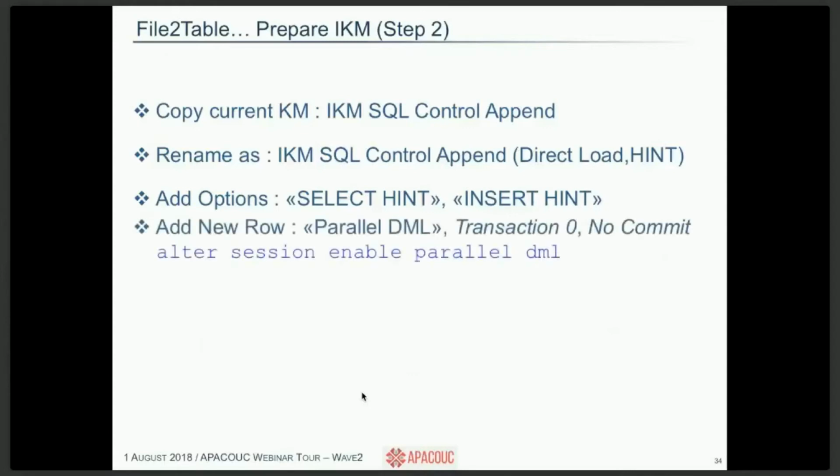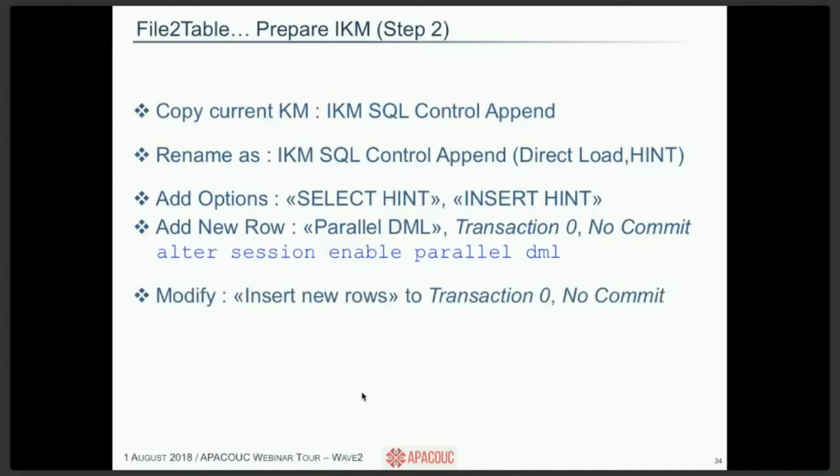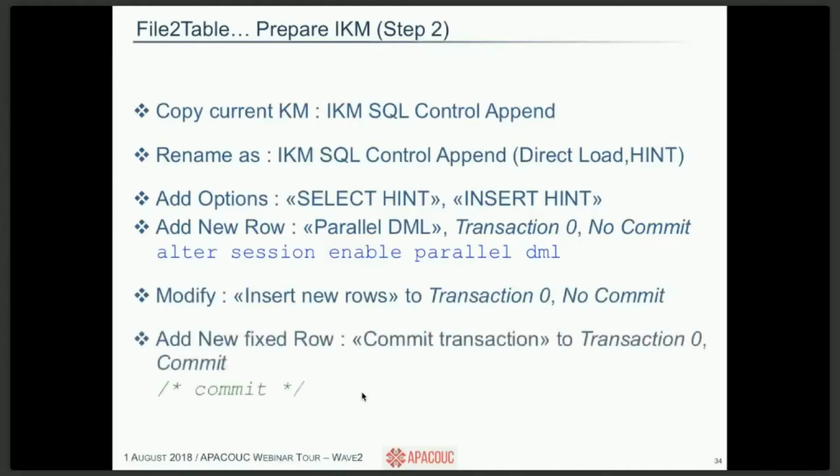I added a new step to use the hints, because if you want to use the hints, as you all know, you need an alter session to enable parallel DML to make sure it runs in the same transaction without commit, because when you commit, your session will be restarted with a new one. Just commit the transaction to finish everything after all.